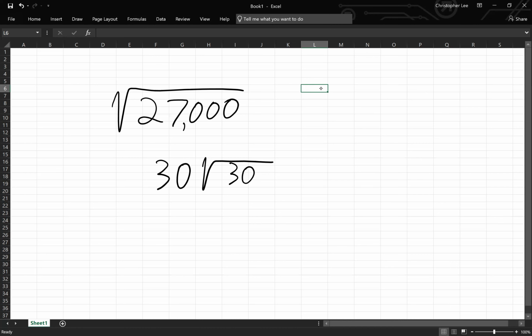So how I would have done this: pretty much 27,000, I would have broken that up into two parts. First off, I would divide this by 100, just straight up. I would have just taken 100 off of this. So 100 times what, 270, would give me that.